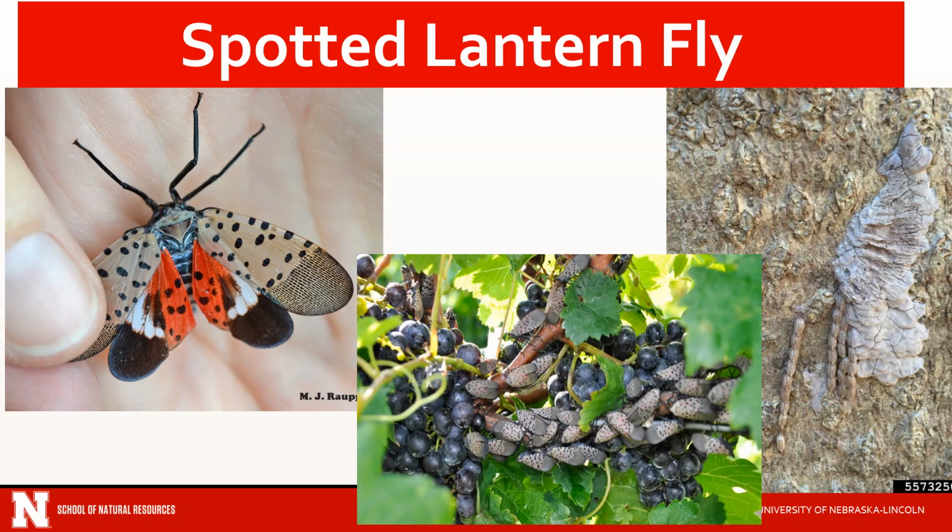And so we're very concerned about, from an economic standpoint, what this could do to some farming practices. And so another thing it does with that sappy discharge is that it will actually grow a mold substance, and it's called black sooty mold. And so that could have billions of dollars of impacts on our jobs and our other fruit tree industries. And so we're very concerned about this one.